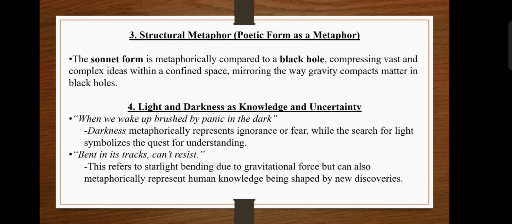So the sonnet form is metaphorically compared to the nature of a black hole, which compresses vast and complex ideas within a confined space. The ideas expressed in this poem are very difficult and a little bit overwhelming as well, but they are efficiently crafted inside this sonnet form, mirroring the way gravity compacts matter inside black holes.